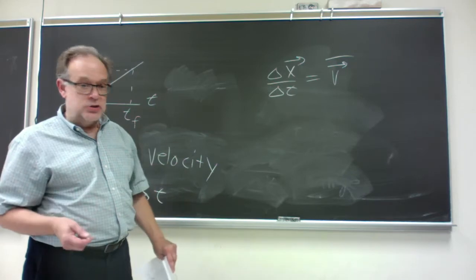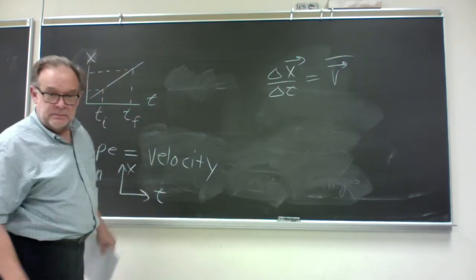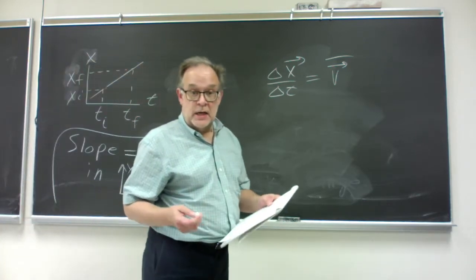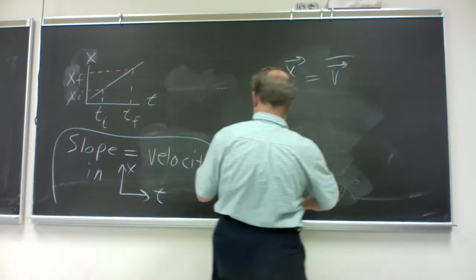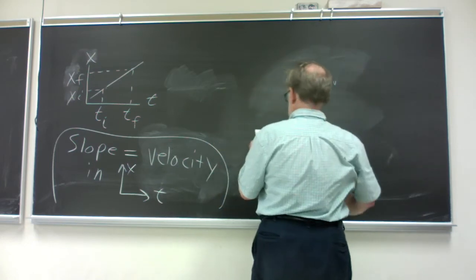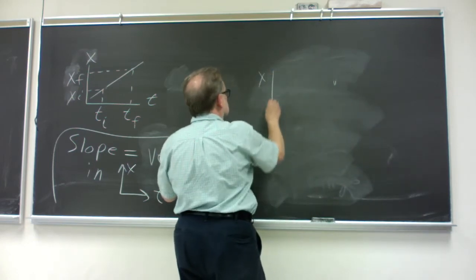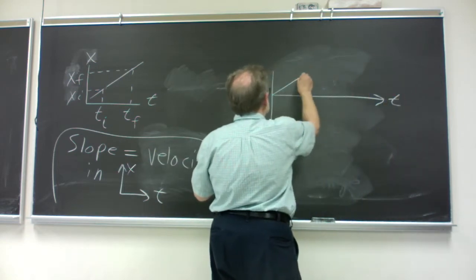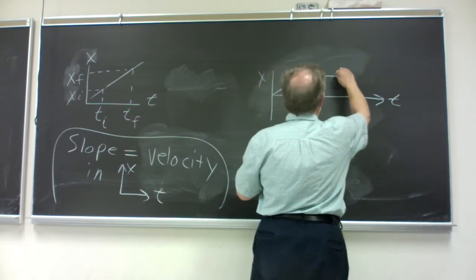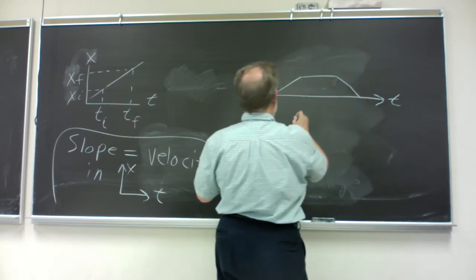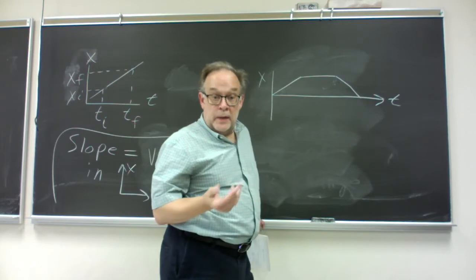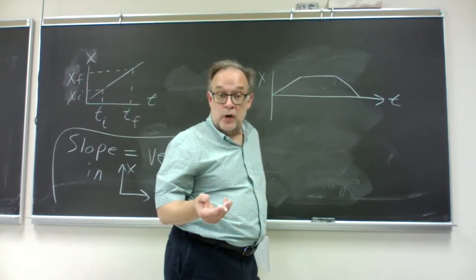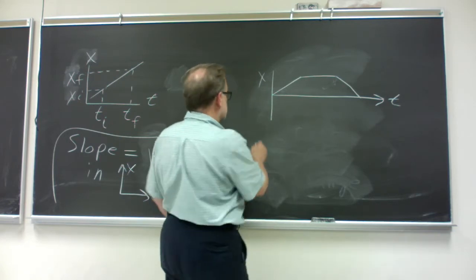Let's see what we can do with that idea. Slope is velocity in a position versus time graph. Let's say we have a position versus time graph that looks like this. From that, we can deduce what the corresponding velocity versus time graph would have to look like.